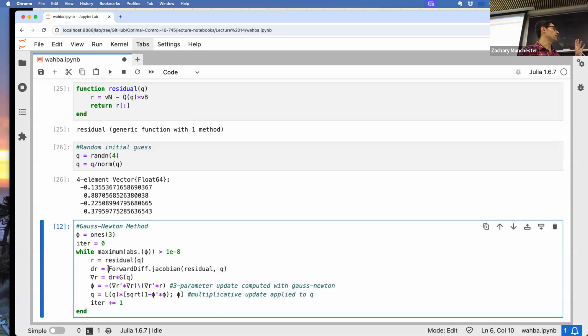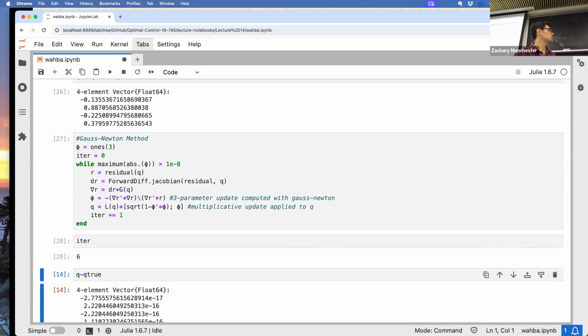To get my Jacobian, I just diff the residual function as if Q is a normal vector, so I can just use ForwardDiff on this to get the Jacobian. Then after I do ForwardDiff, I just slap on the attitude Jacobian. There's the Jacobian I actually want to use. Here's my Gauss-Newton step. Then I take this guy, turn it back into a unit quaternion, and multiply it on. And then I just loop this until the residual is small.